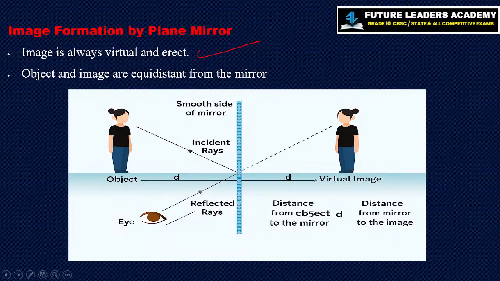Image in a plane mirror will obviously always be a virtual and direct image, and object and image are equidistant from the mirror. The distance will be equal, object and the mirror. Listen, object and the image in the mirror are equidistant.